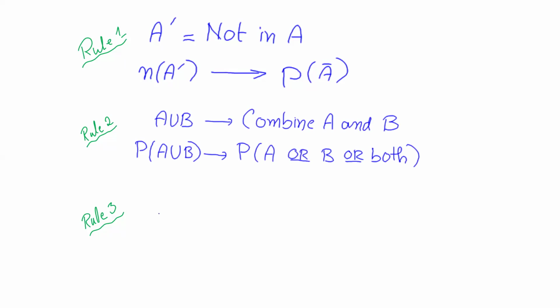A union B is equal to combining A and B. So probability of A union B in set language means probability of A or B or both. This is a set language. So you have to copy this. Yes, sir.